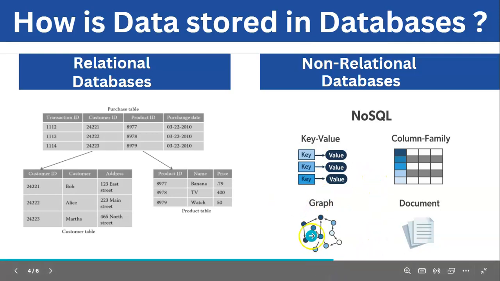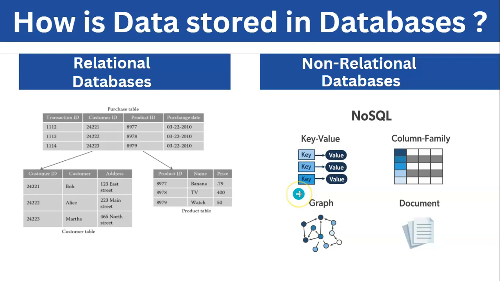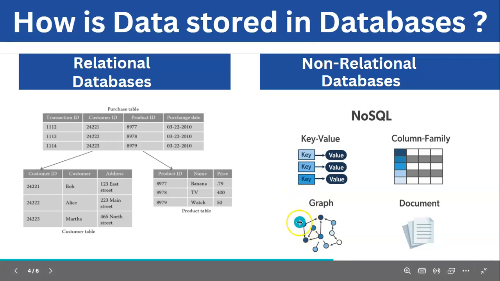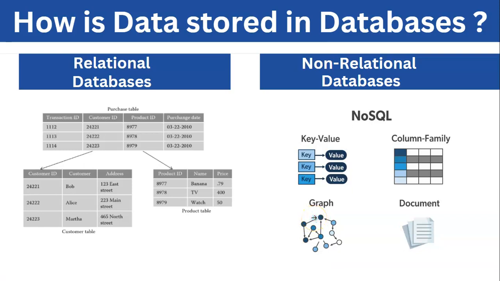Then we have graph non-relational databases, where these round circles that you are watching are the nodes, and these arrows are the edges that define the relationship between both of them.